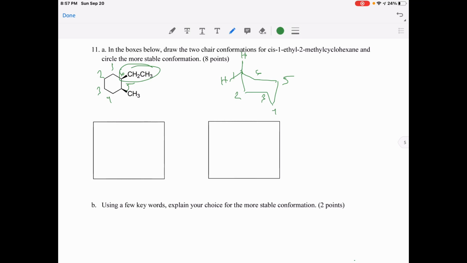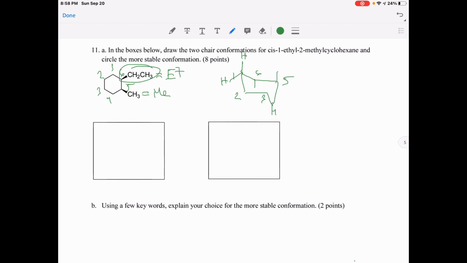To make it simpler, I'm just going to denote this as the ethyl substituent, Et, and the methyl substituent as such. Since this is axial up, the next axial position is down, up, down, up, down.